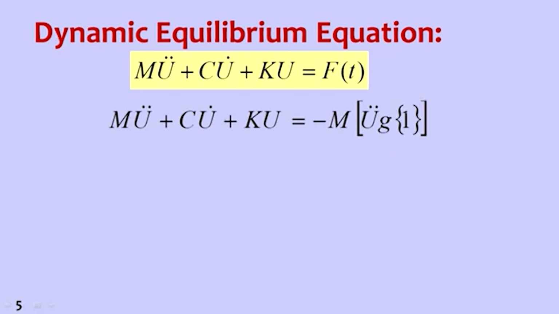So this vector 1 is 1, 1, 1. It depends on the number of degrees of freedom. If an n degree of freedom system is there, this is an n rows and 1 column vector.